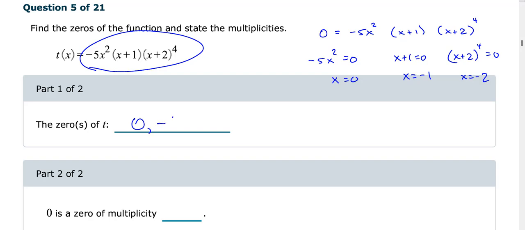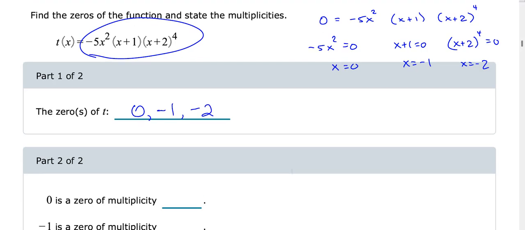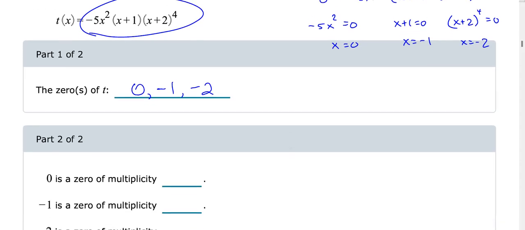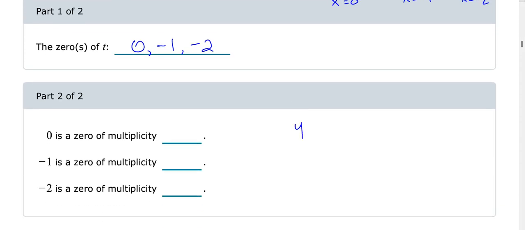Now for the next part, find the multiplicities. I'm going to write the function down here again, negative 5x squared, x plus 1, x plus 2 to the 4th. Okay, 0 is a zero of multiplicity 2 because of the x squared.